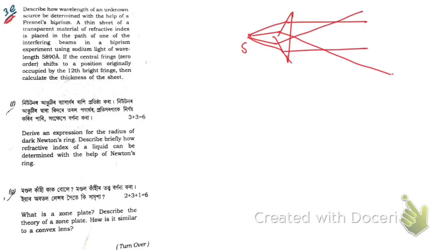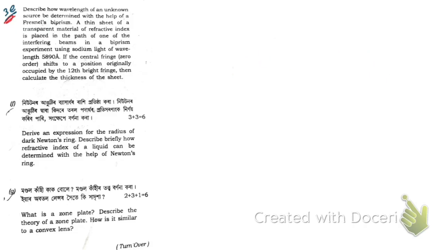Virtual images of this source are also formed this way. This is S1 and S2. So we can compare it with Young's double slit experiment like this, here S1, S2.